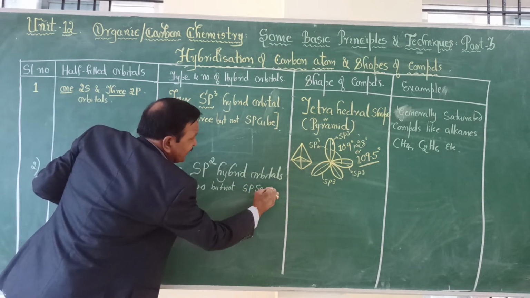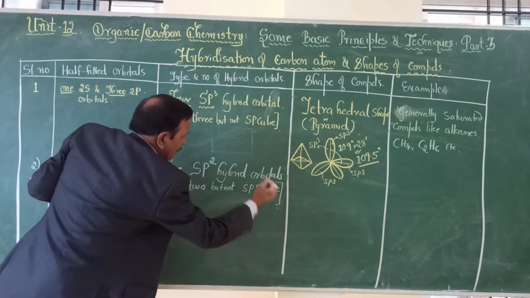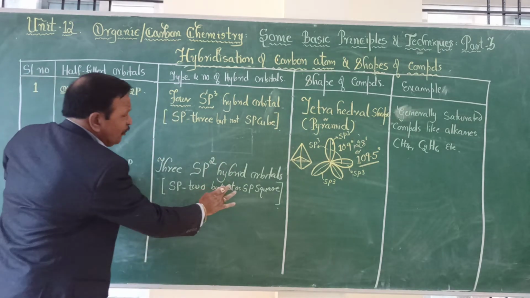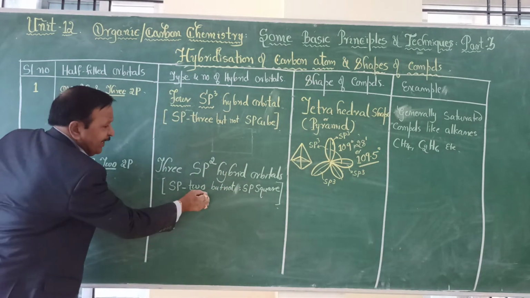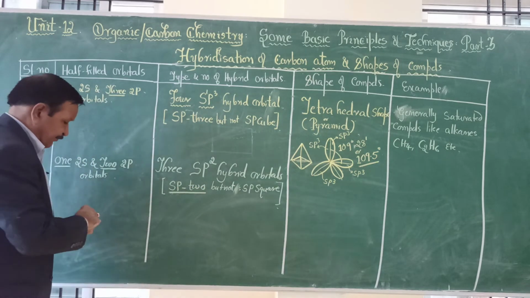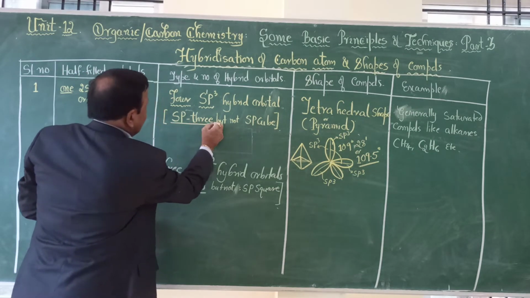So no mathematics is available here. It should be sp2, but not sp square. This is sp2 hybridization.